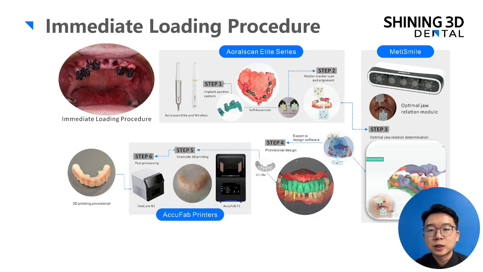Once we get all the data, it will be aligned once we export it, and we can send it to the lab to let the technicians design the temporary teeth for this patient. And now we need to do the actual manufacturing for the temporary.